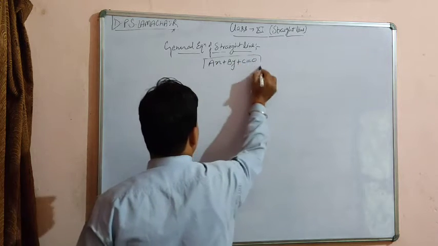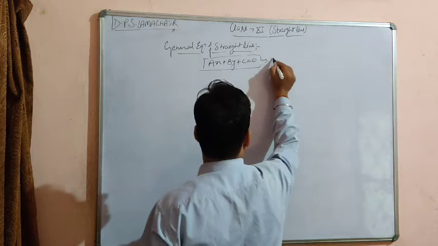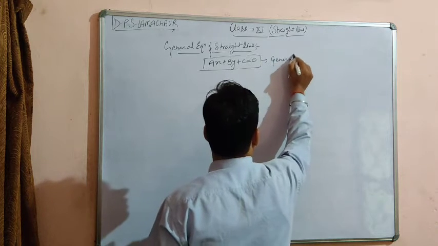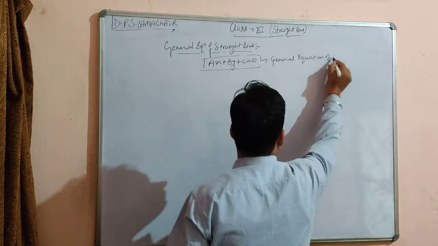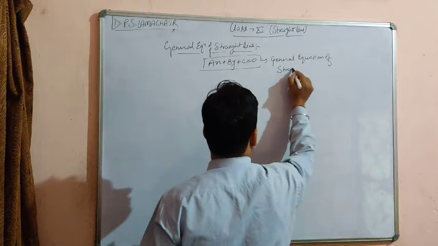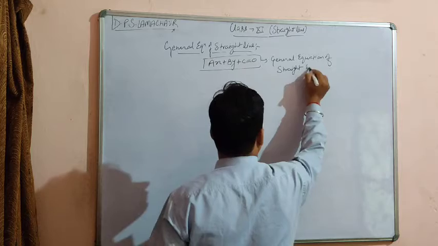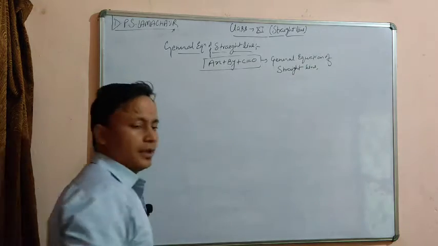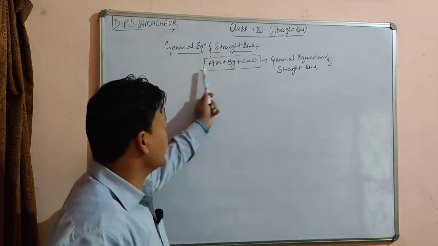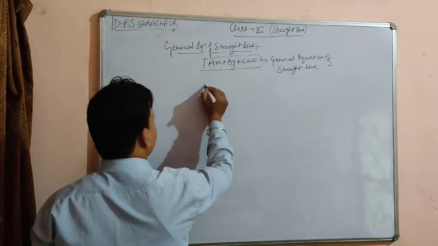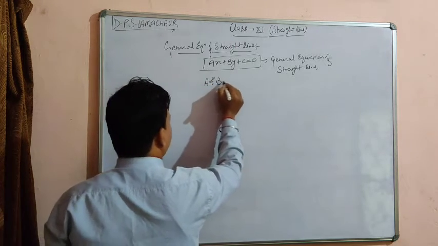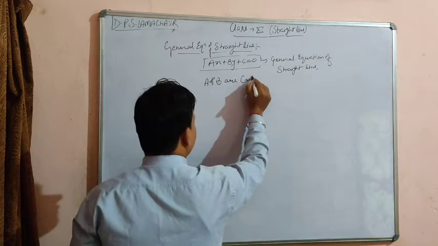This is called the general equation of straight line, where a and b are the coefficients of variables x and y and c is a constant.